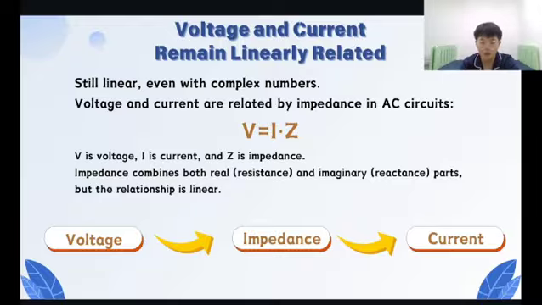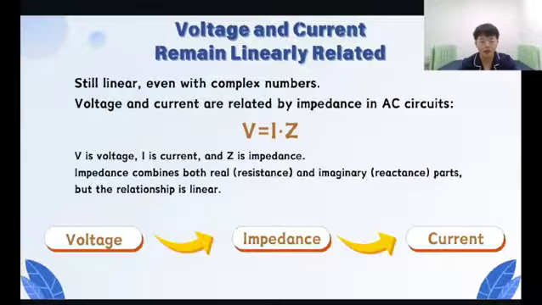Just like Ohm's law in DC circuits, the key difference is that instead of using just a resistance R, we use the full impedance Z. So, in AC circuits, the voltage and current are related through the equation V equals I times Z, where Z is impedance. This means that even though we are dealing with complex numbers, the relationship is still linear. We just need to use the complex impedance to account for both resistance and reactance in the circuit.